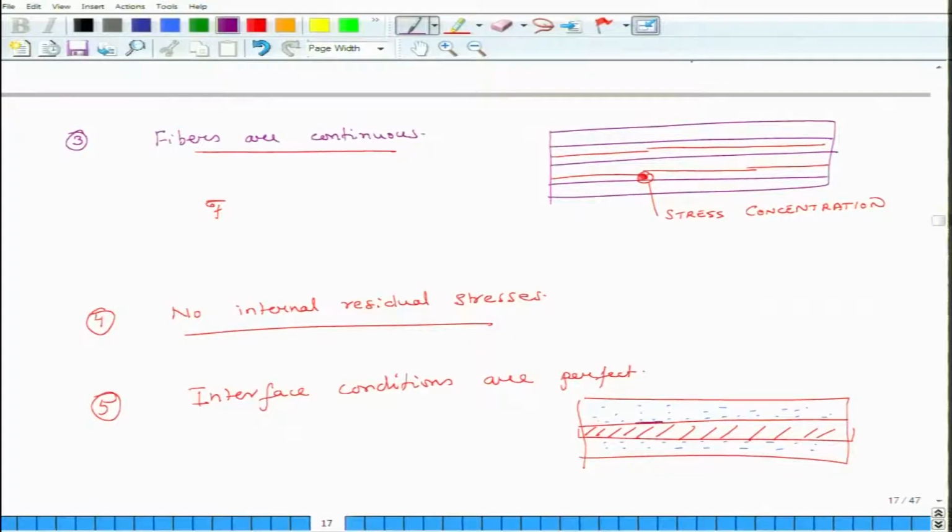But in reality there may be areas which are actually debonded even at 0 loads, and at the points where it is debonded, those points again act as sources of stress concentration, and that causes reduction in the overall strength of the composites.